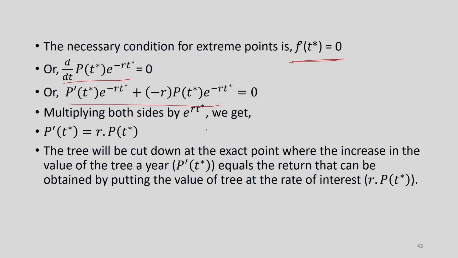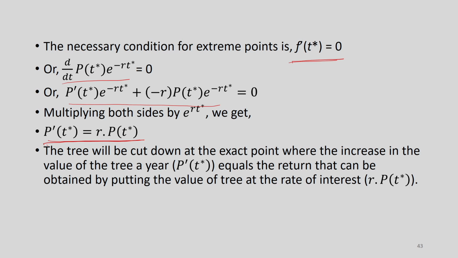Multiplying both sides by e to the power r t star, we get P dash t star equal to R times P of t star. This condition is very important whenever time is involved, some dynamics is involved, and some decision maker is trying to maximize the present discounted value; it makes an appearance again and again.